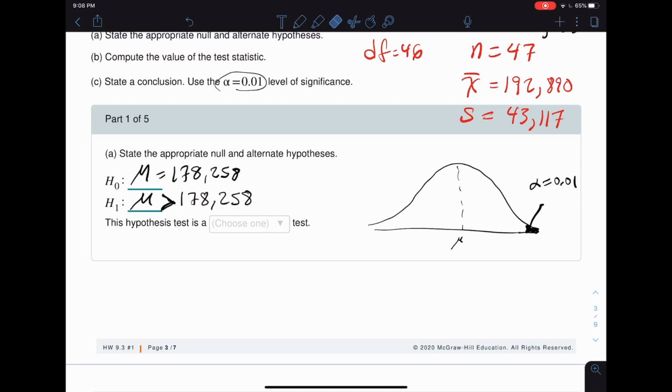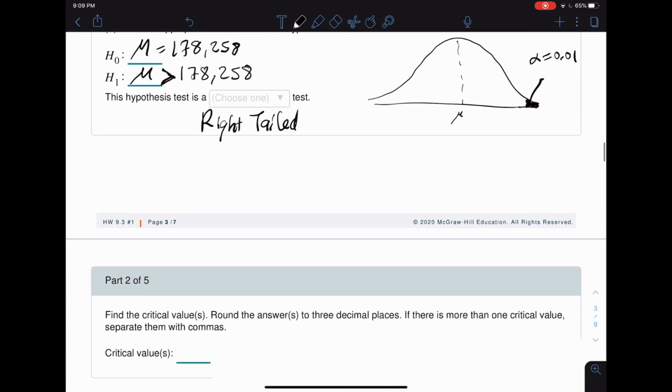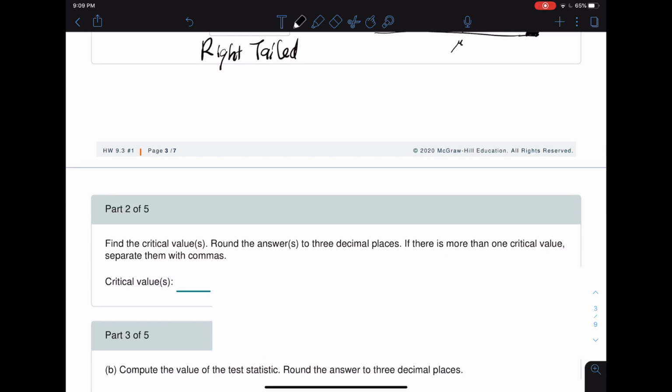This is a right-tailed test. Next part of the problem, find the critical value. Round your answer to 3 decimal places.